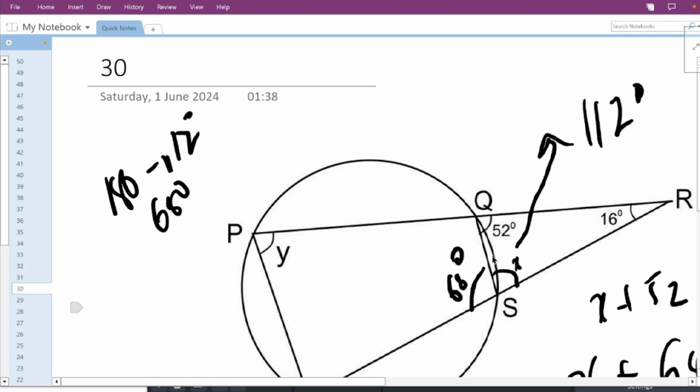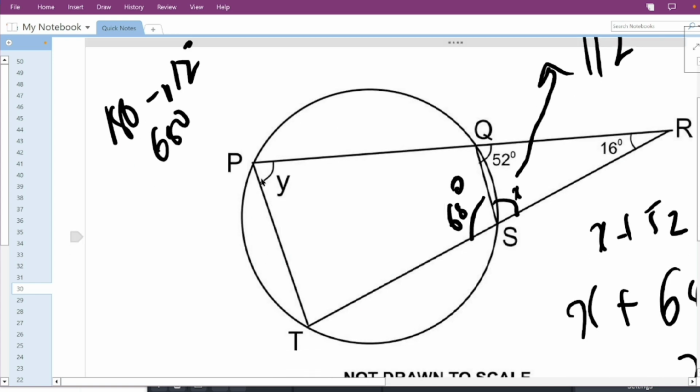Once we have this angle at 68 degrees, there's a theorem under cyclical quadrilateral, that means if you have a circle and a four-sided shape inside it, with all parts of the shape hitting the internal part of the circumference of the circle, you can now say opposite angles of a cyclical quadrilateral equals 180.